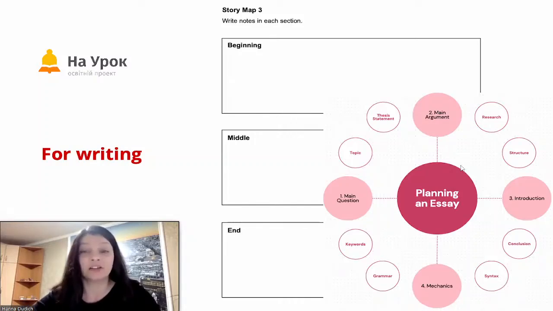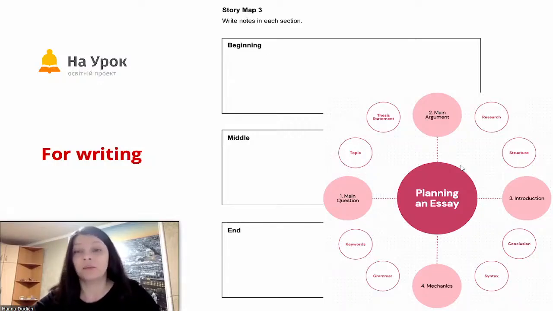The second type of graphic organizer, which you can see now, is also taken from Canva. It is called Planning an Essay. And here you can see different sections, like the main question that they would like to discuss in the essay. For example, the advantages and disadvantages of using public transport in my native city.